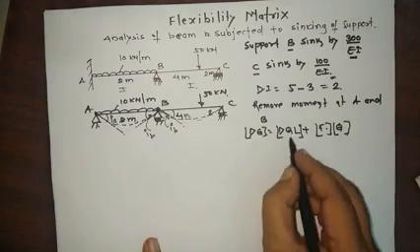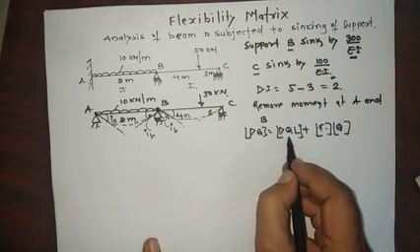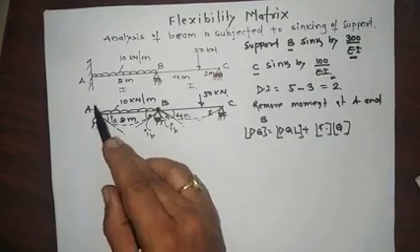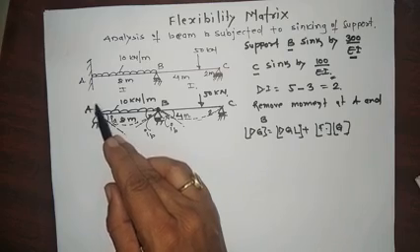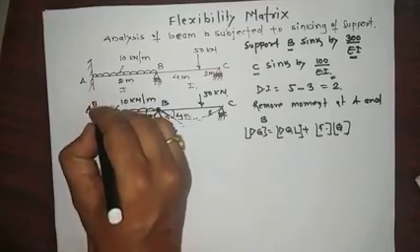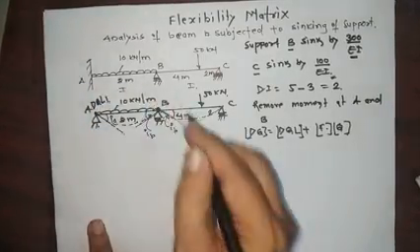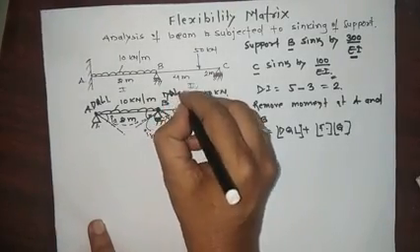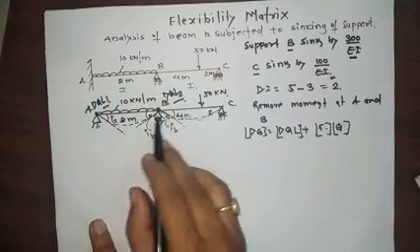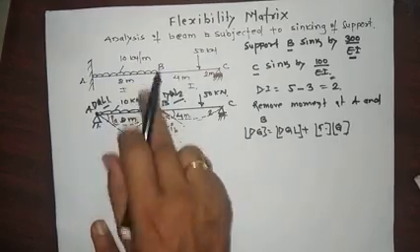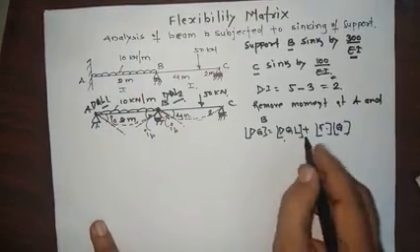We know this DQL means the action developed at the coordinate. This is our removed moment at A and removed moment at B. So this becomes our DQL1 here, and at B is DQL2. So action developed at A and B due to this external loading is called DQL.